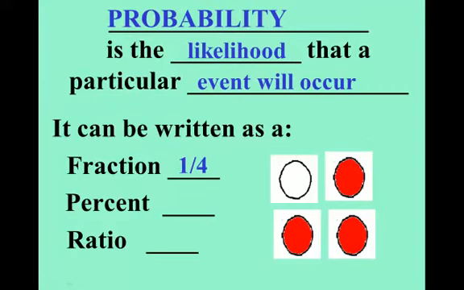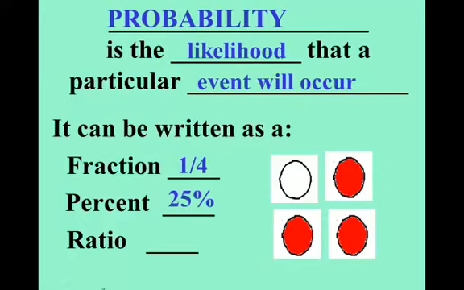I could do it as a percent. If I divide 1 by 4, I get 0.25, and expressed as a percentage, 25% of the circles in the bag are white. I could also do it as a ratio.